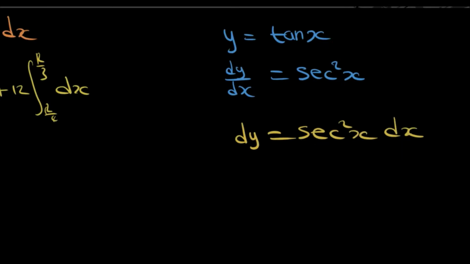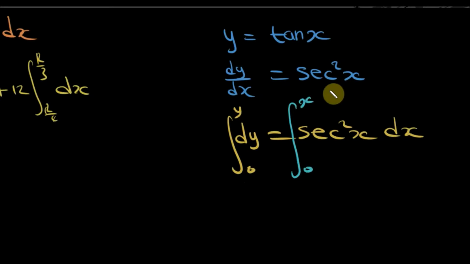Alright, so integral of y, I would say maybe from 0 to y. Those are our integral limits, and the integral of sec squared x would be from 0 to x also.